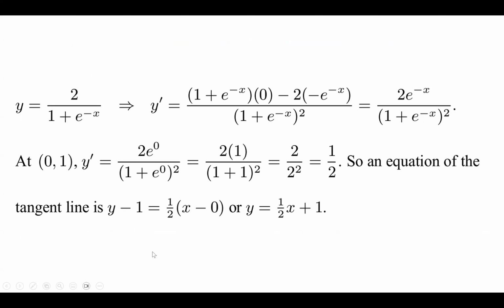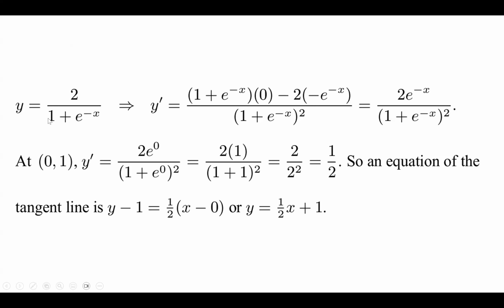Then our last question is find the derivative of y equal to 2 divided by 1 plus e to the power negative x. So here we use our quotient rule. To find this derivative, first of all, the derivative of 2 is 0 times 1 plus e to the power negative x, minus 2 times the derivative of 1 plus e to the power negative x.